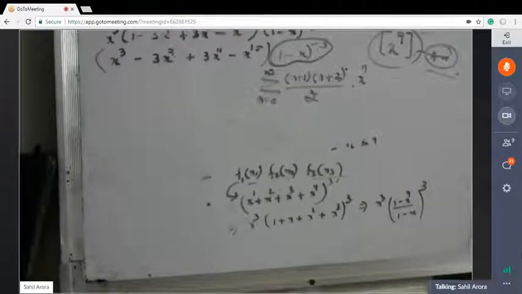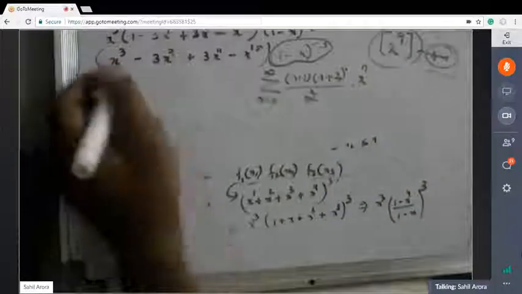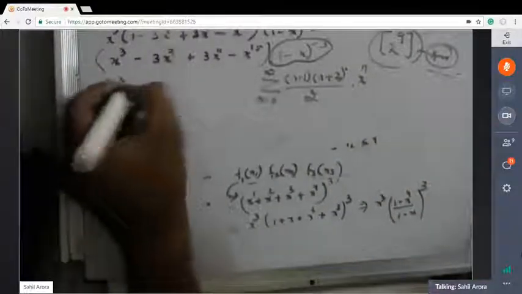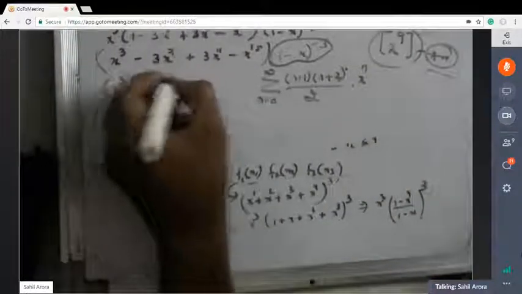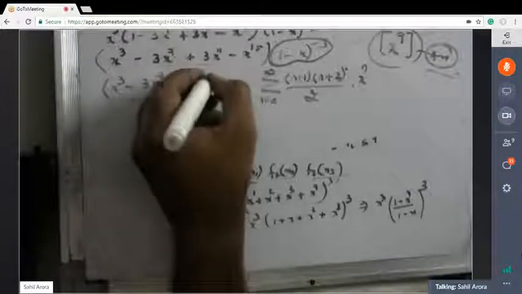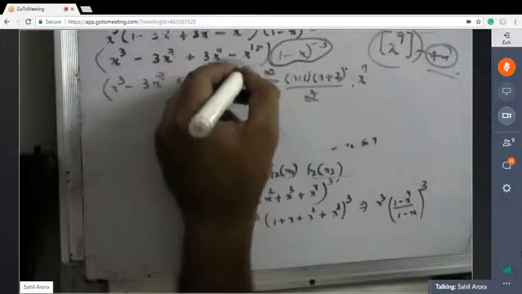So it would be like this, and I'm replacing the other factor with x power 3 minus 3x power 7 plus 3x power 11 minus x power 15, right?